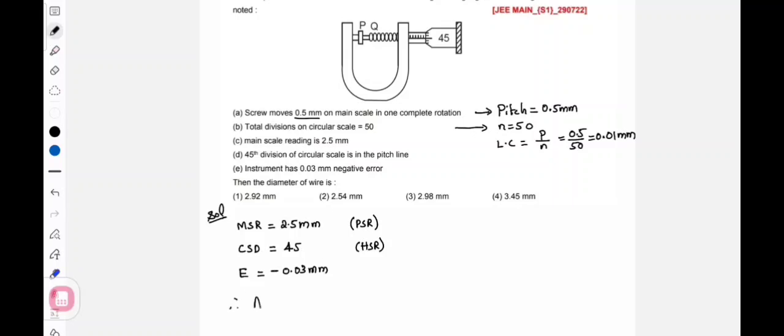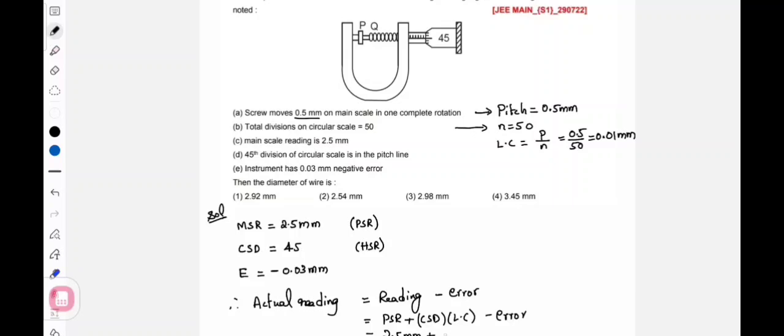Therefore, actual reading is equal to how much? Reading minus error. Reading formula: MSR or PSR plus CSD into least count, minus error. PSR how much? 2.5 mm.